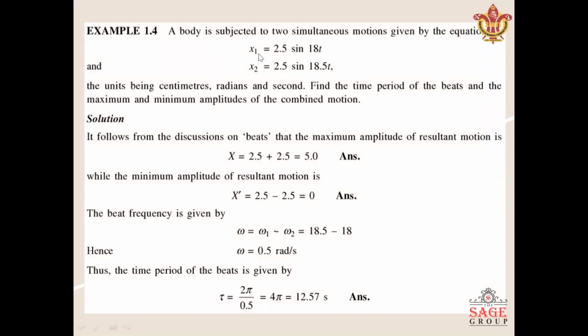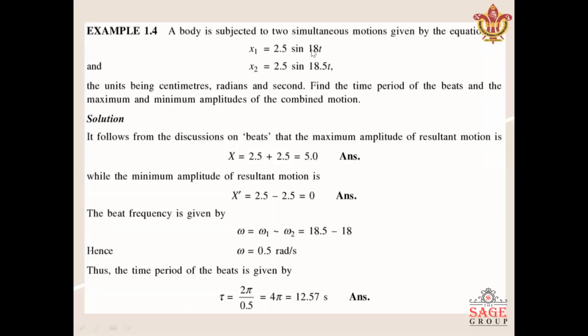So x1 is equal to 2.5 sin 18t, and the second motion is given by x2 equals 2.5 sin 18.5t. Here you can see the difference between the frequencies: this is omega 1 and this is omega 2.